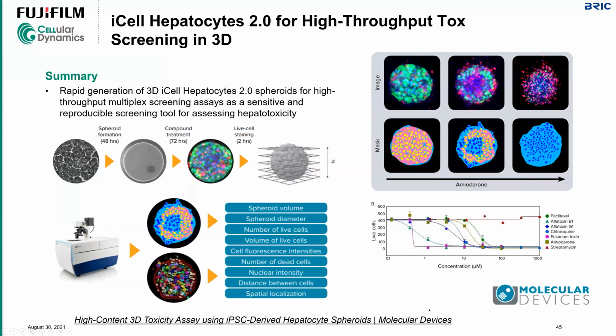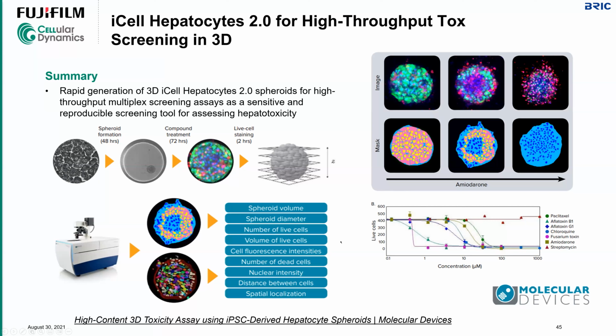Also, there are plenty of publications, internal and external, showing how you can use these cells in 3D for hepatotoxicity assessment. I will just leave you with the link or information on the Molecular Devices application and publication on having these cells in 3D following our protocol, looking at a number of different parameters in a very simple, high throughput screening friendly manner.